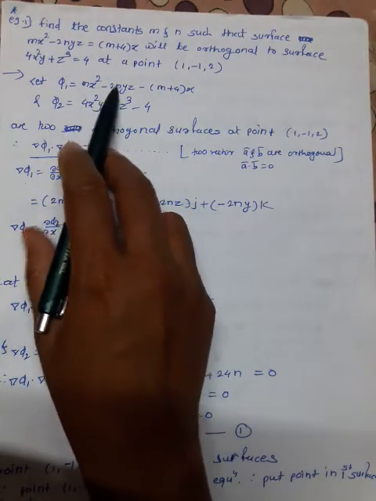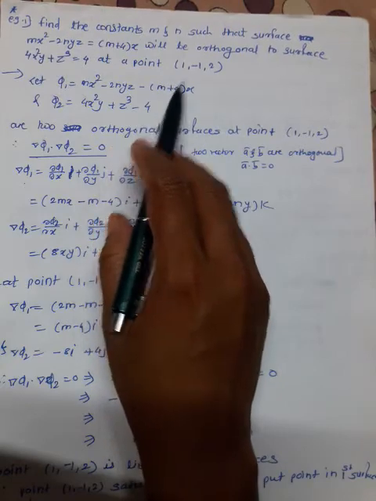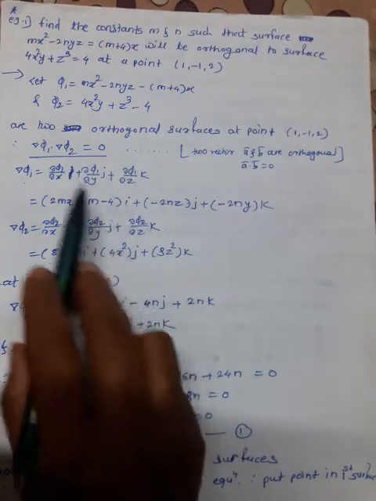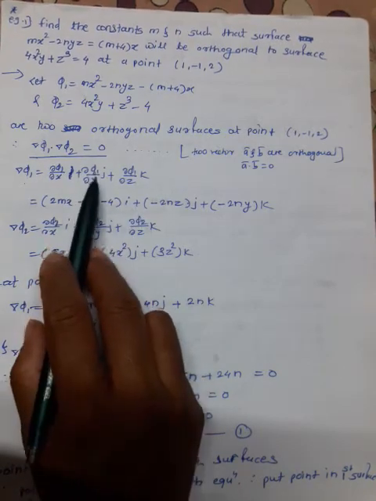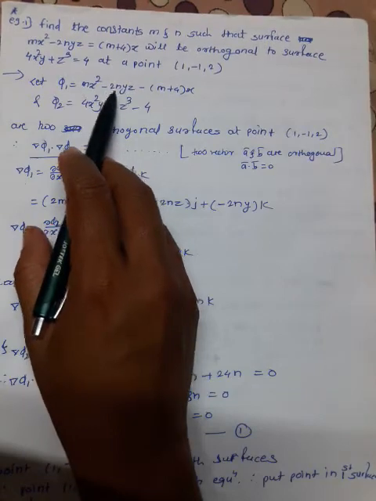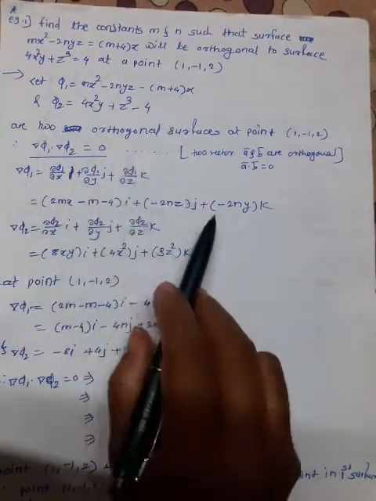Here x is not present, therefore its derivative is 0, and the derivative of minus m plus 4x is 4 minus m, so i as it is. Plus del phi 1 by del y, the derivative of phi 1 with respect to y, is minus 2nz, with j.